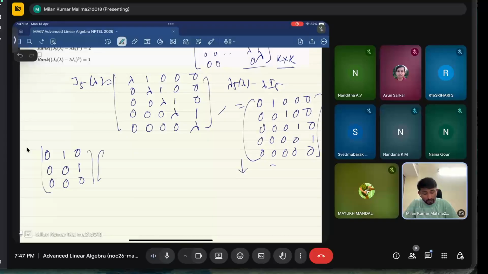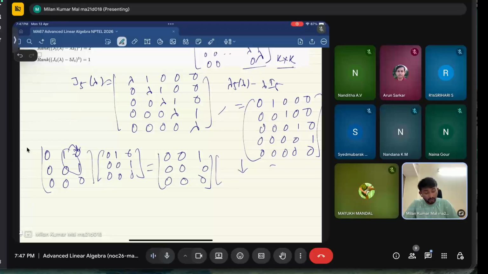If you square it, this 1 will be shifted, so the first entry will be 0, the second entry 0, the third entry 1, and the rest 0. If you multiply again by the matrix, then this will vanish. So for a 3 by 3 matrix, you have to multiply 3 times to get 0.